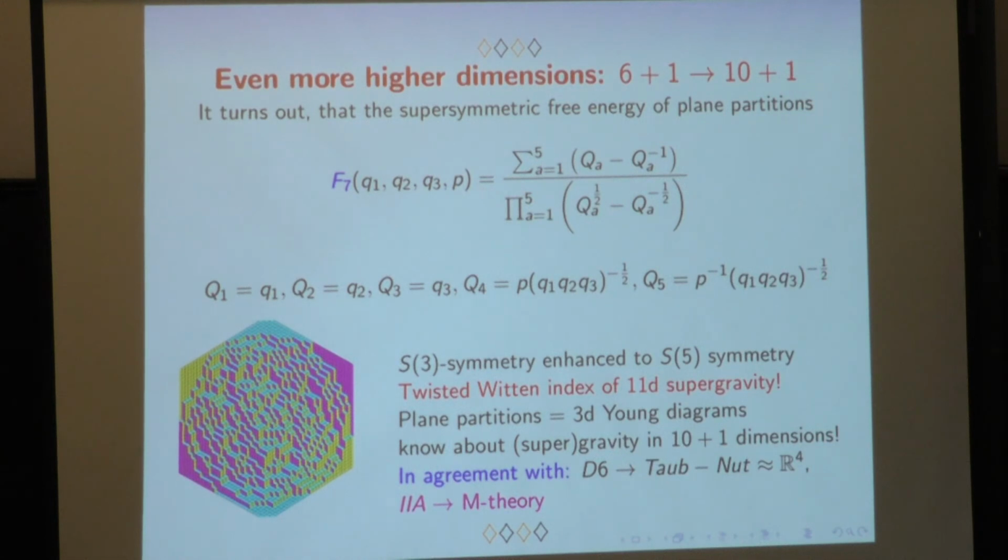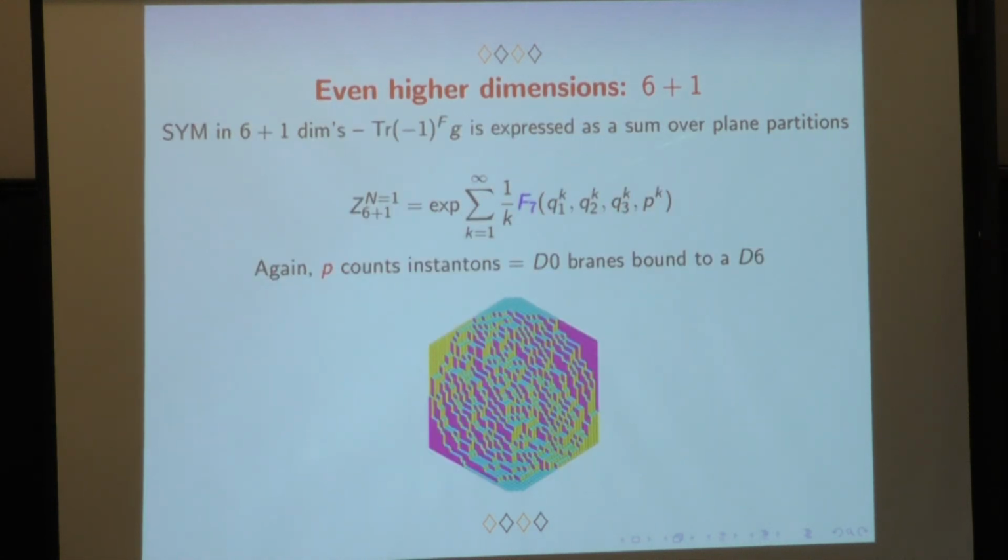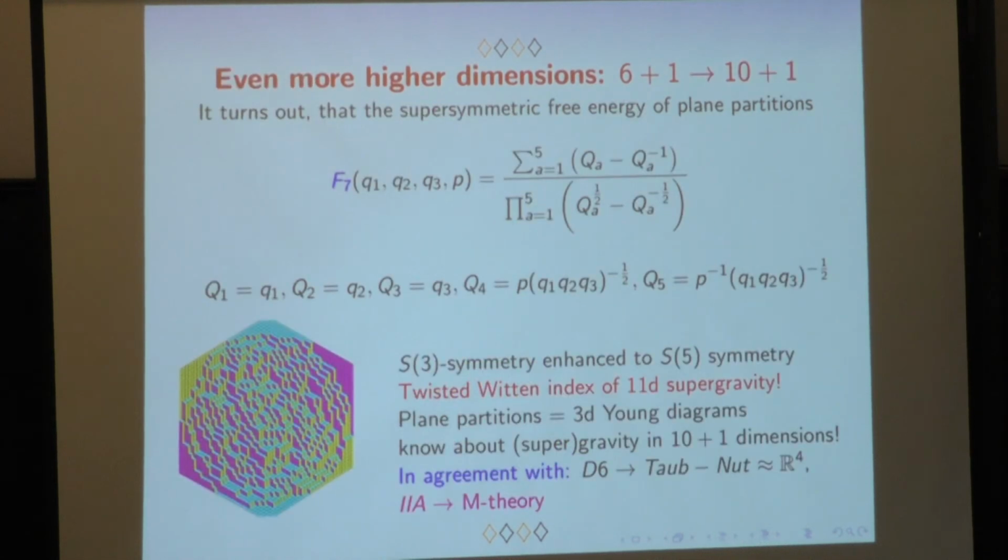And now, when you explore this formula for the free energy, by slight massaging of the formula, you discover that the symmetry of that formula is actually higher than what you could have expected. So just the fact that you had the 6+1 dimensional theory meant that there should be a symmetry which permutes 3 angles of rotation, because that's just part of the Weyl symmetry of the rotation group.